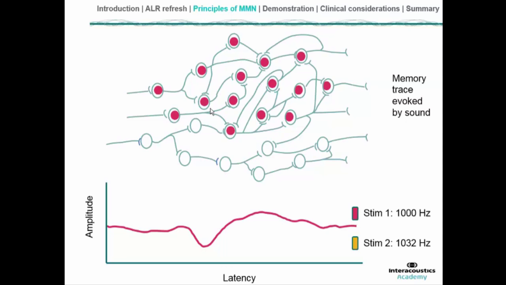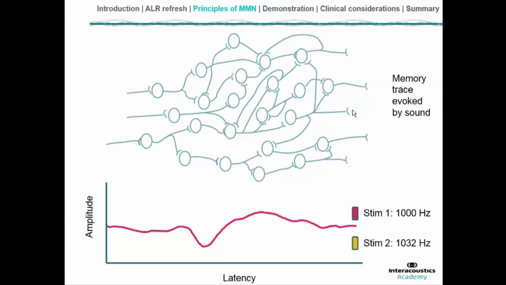We're just in the straightforward serial presentation of a series of 1000 Hz tones, and we can see in the bottom trace here the ALR signifying that the auditory cortex has detected that sound, and our schematic at the top here shows a momentary memory trace that might linger within the auditory system. In adults, the short-term memory trace evoked by a sound is thought to last for some seconds, maybe 5 to 10 seconds.